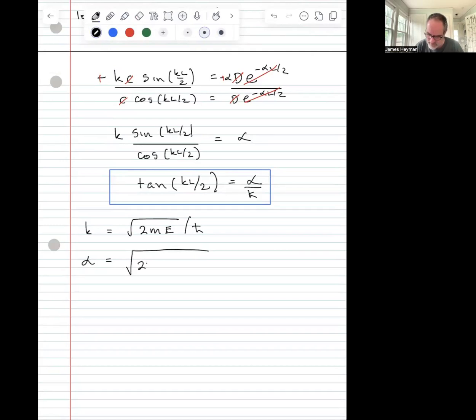Alpha is the square root of 2m(U naught minus E) over h bar. Notice that both of these functions have only one unknown in them, E. So once we specify E, we've specified both alpha and k. The only problem is if we write this equation as an equation for E, which I'll do, it's going to look very complicated.